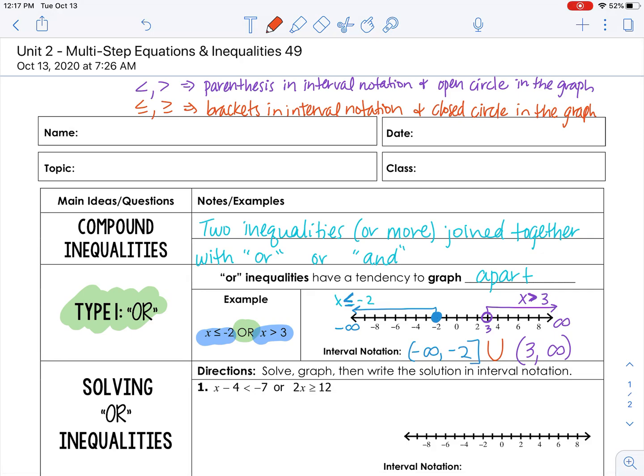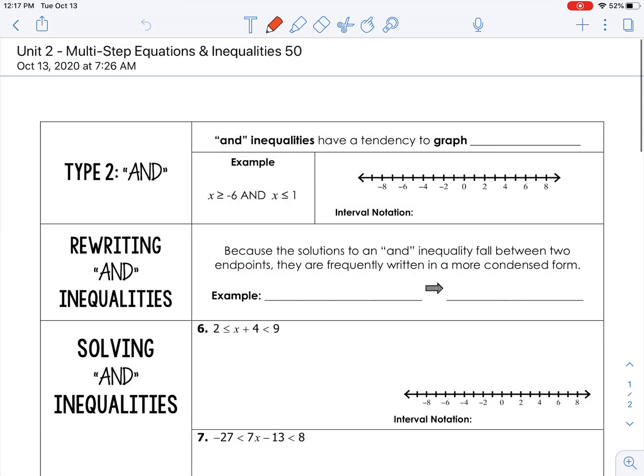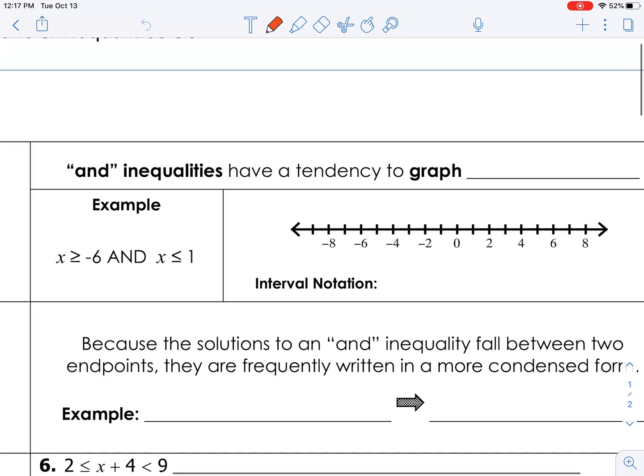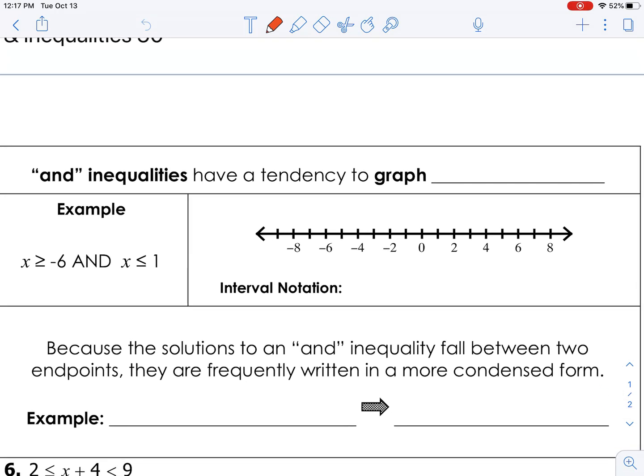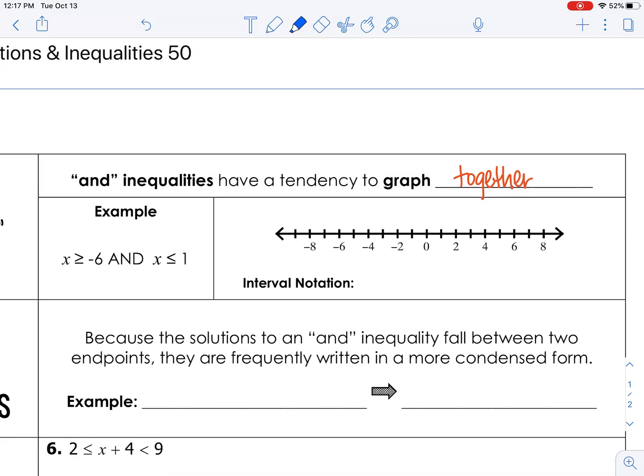Okay, now that we've graphed an OR compound inequality, let's go to the next page of notes and graph an AND compound inequality. AND inequalities tend to graph together. What do we have here? We have two inequalities that we need to graph, with the word AND in the middle. So let's graph one piece at a time. I've got x is greater than or equal to -6. Because I have or equal to underneath the inequality symbol, I need a closed circle over -6.